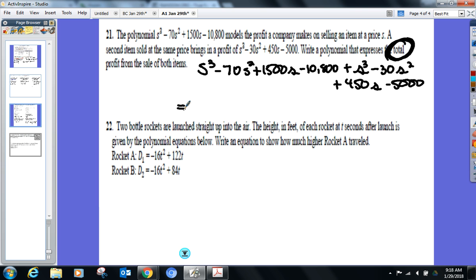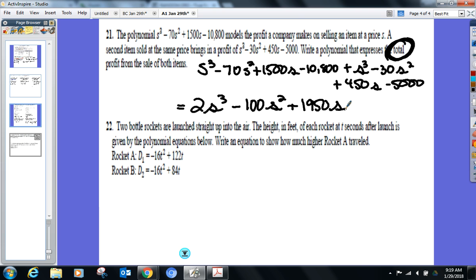How many s to the thirds do you have? 2, yep. 2s to the third. What about that negative 70s squared? Is there anything in the other polynomial you combine with it? Okay, and that'll give you a minus 100s squared. The 1500s can be combined with the 450s, 1950s.